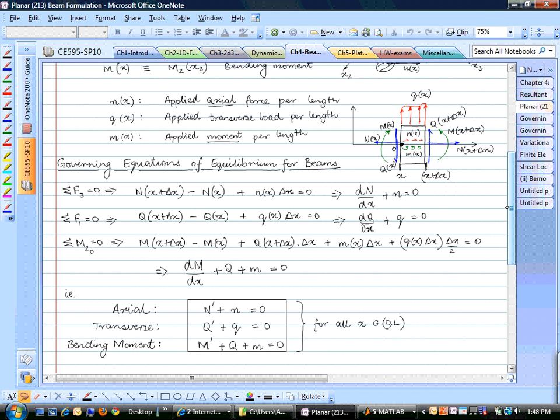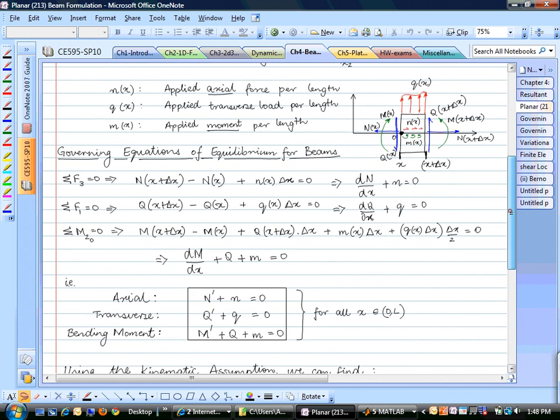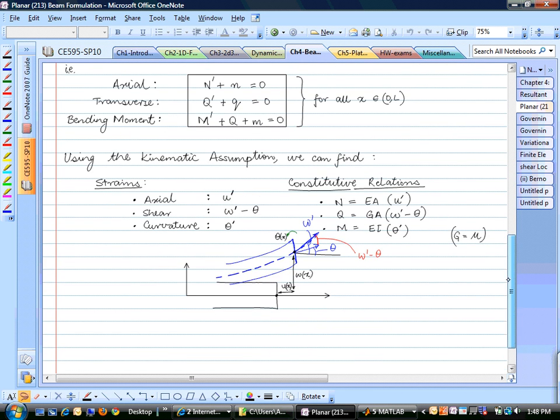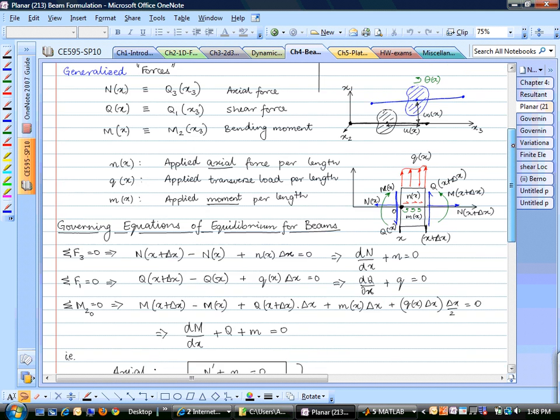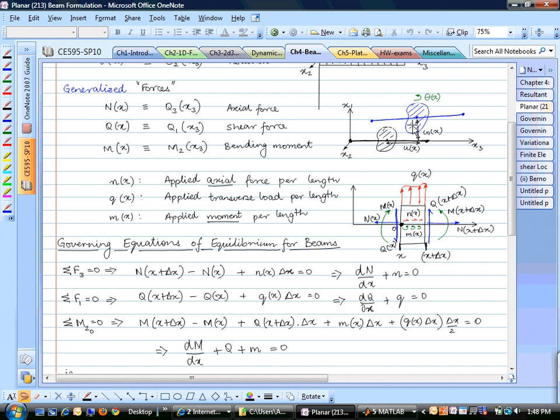And the other one is Bernoulli-Euler beam theory, where we assume that the beam is going to be rigid in shear. So in the Bernoulli-Euler beam theory, we do not have any shear displacement, and we assume that W prime is the angle that the centroid line makes with the x-axis, and that is going to be equal to theta, and theta is nothing but the rotation of each of those cross sections.